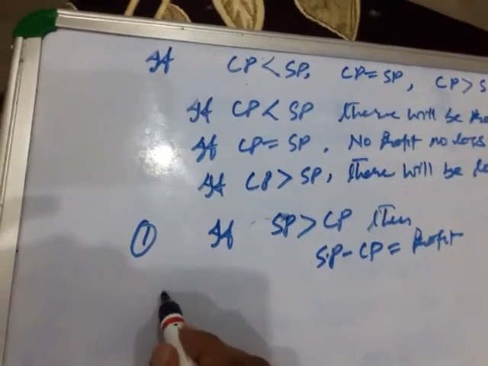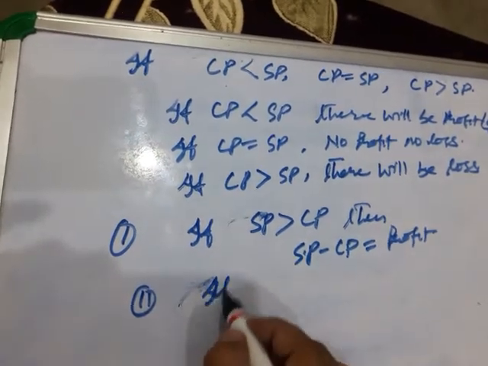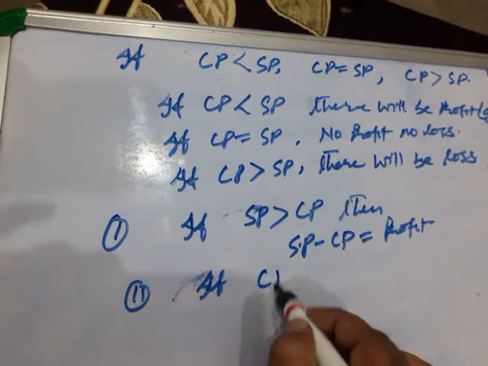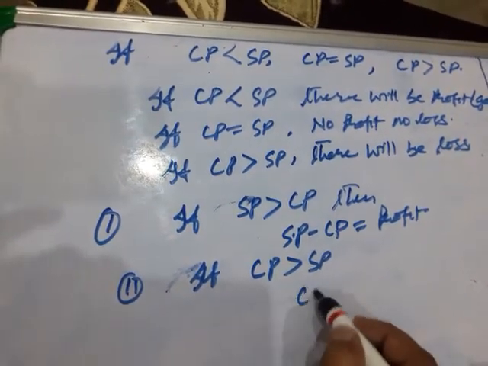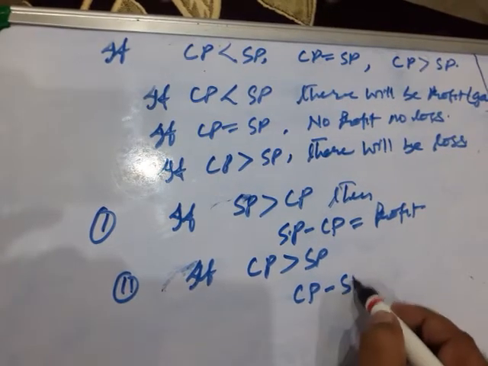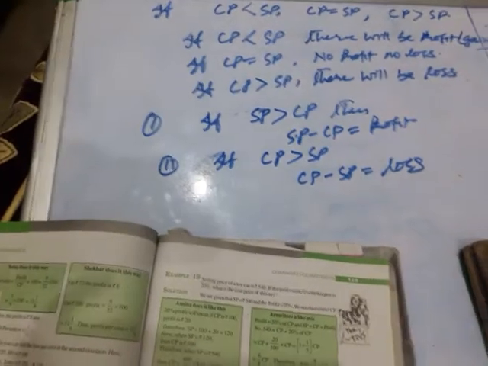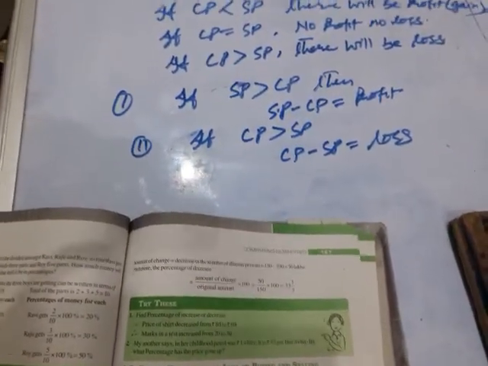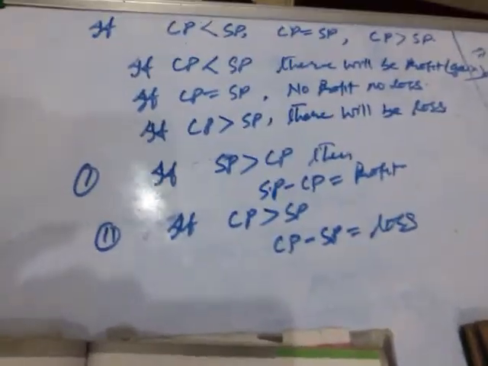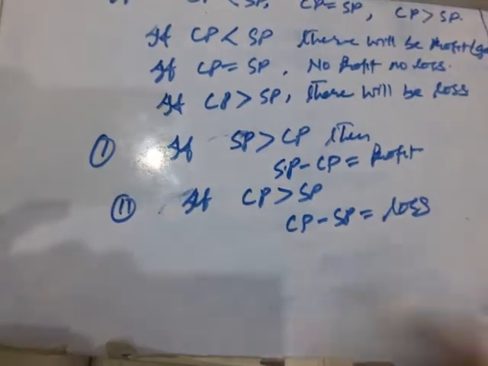Clear? Second situation: if CP is greater than SP, then CP minus SP equal to loss. Okay children, so if CP is greater than SP, then CP minus SP equal to loss.